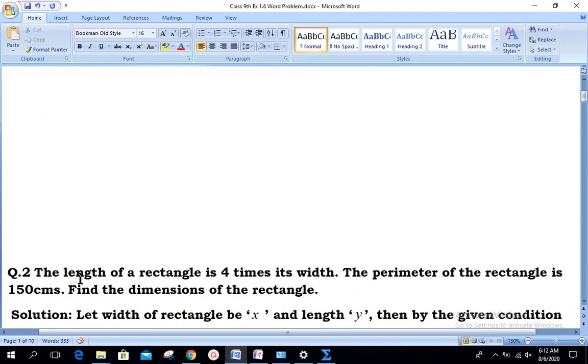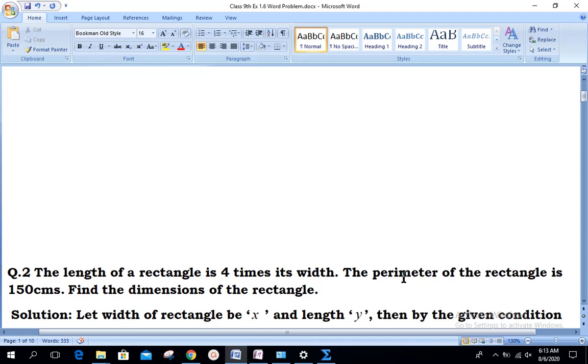Statement says the length of a rectangle is 4 times its width. Viewers, if you want to make your solution easier, focus on the first sentence. What it says, that the length of a rectangle is 4 times its width. That is, length and width are being utilized and you are given the condition that the length is 4 times its width.